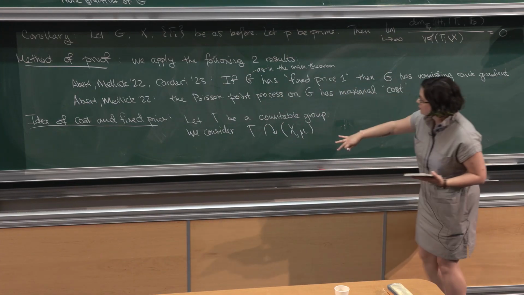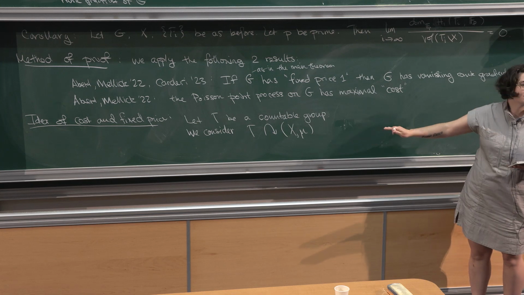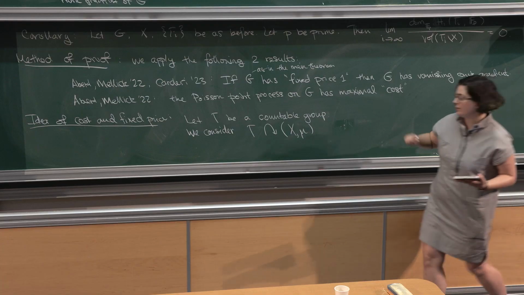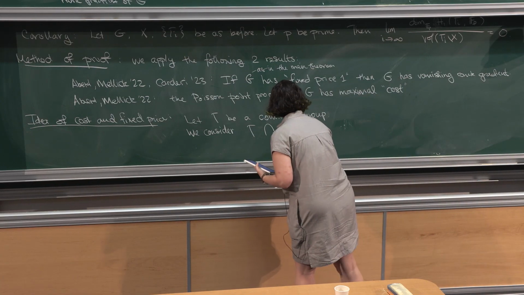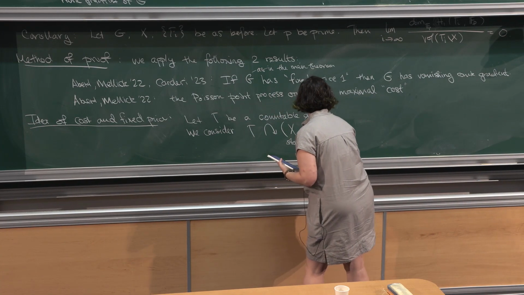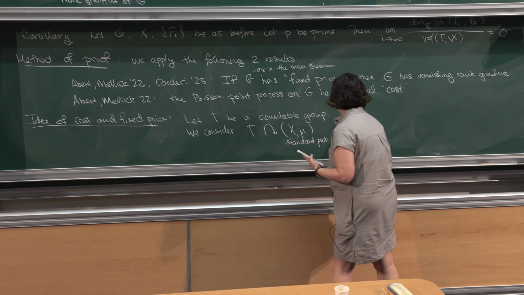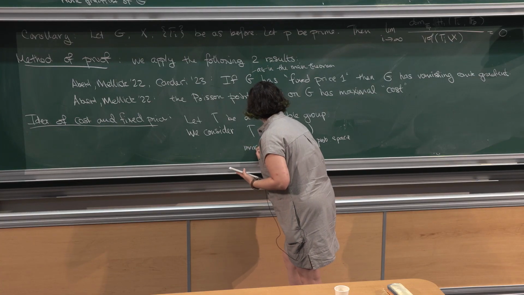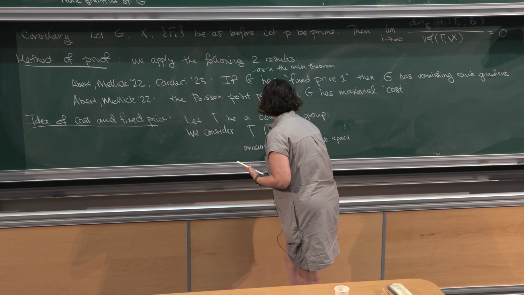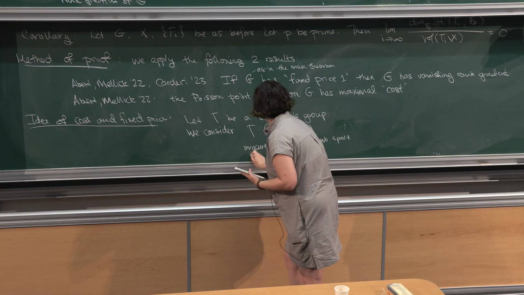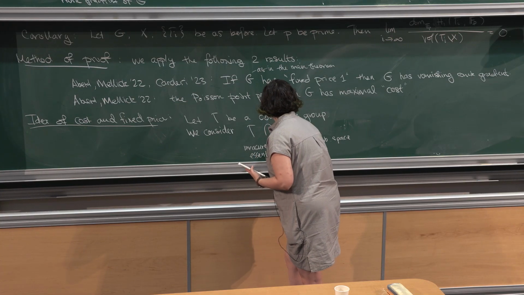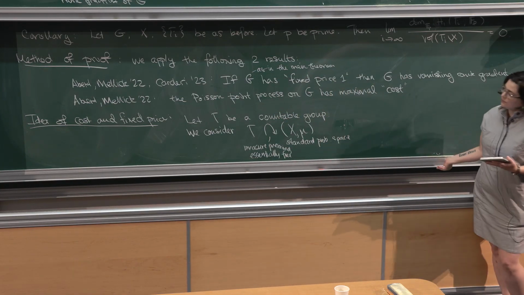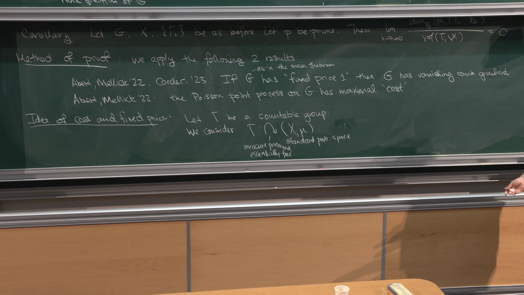X is now going to be a probability space with probability measure mu. Essentially free just means that the set of fixed points under gamma has measure 0 with respect to mu.